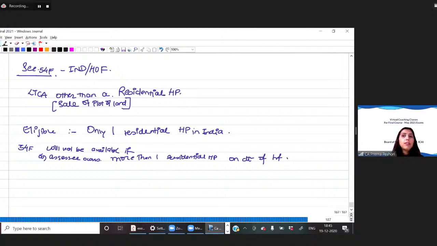So 54F will not be available if the assessee owns more than one house property on date of transfer. Clear?